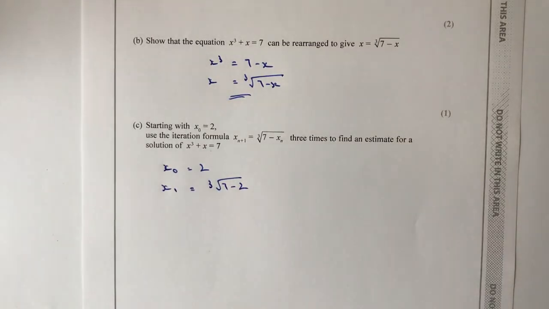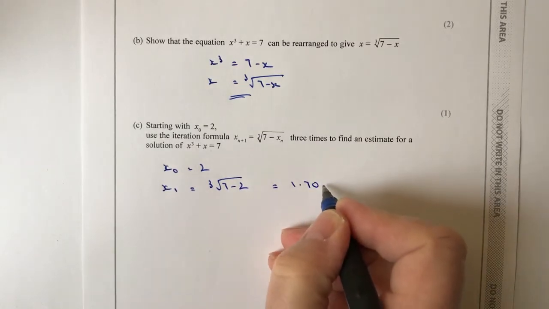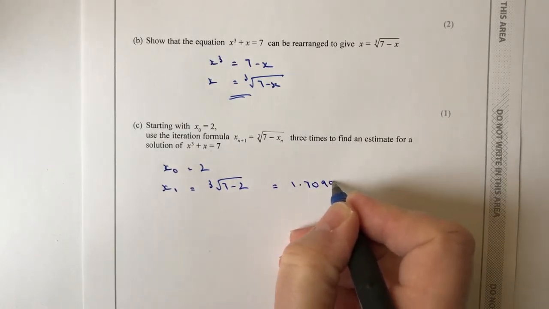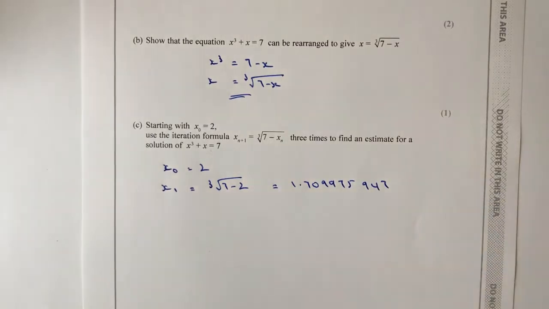And if I put that in a calculator, I'm going to get 1.709975947. Now, with these types of questions, it's really good practice to write out as many digits as is available on your calculator. Now there is a reason for that, and we'll get to that just a little bit later on.